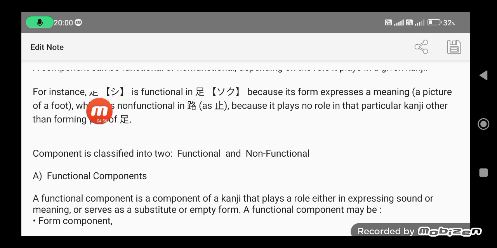As I have told in previous lectures, when a reading is in Onyomi, please understand that it is to be written in katakana. So katakana means that it's an Onyomi reading. So for instance, this particular component or bushu, shi, is a functional component in the kanji soku.